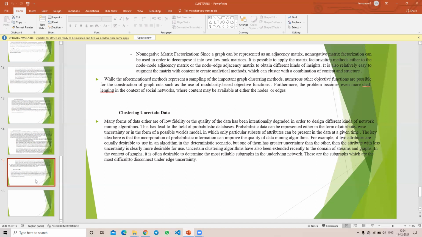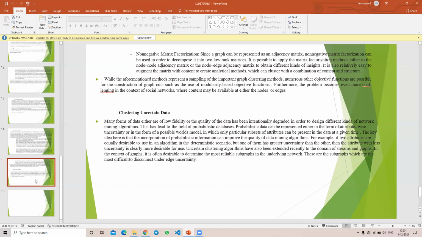Probabilistic data can be represented in the form of attribute-wise uncertainty or in the form of the possible worlds model, in which only a particular subset of attributes can be represented in the data at a given time. The key idea here is that incorporation of probabilistic information can improve the quality of data mining algorithms.